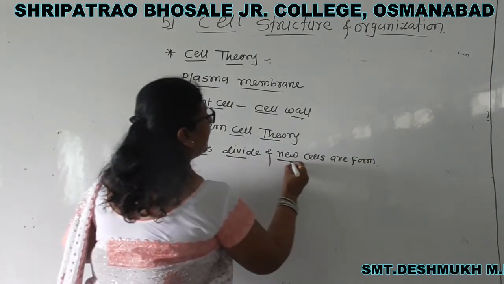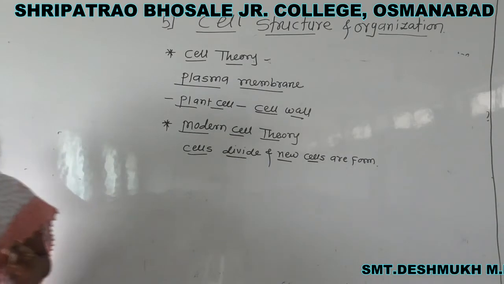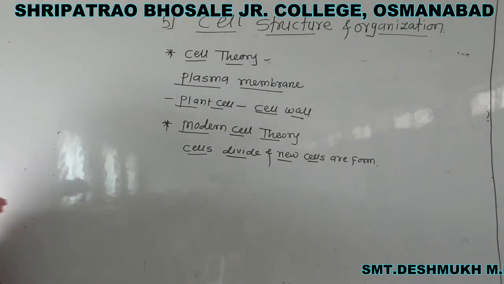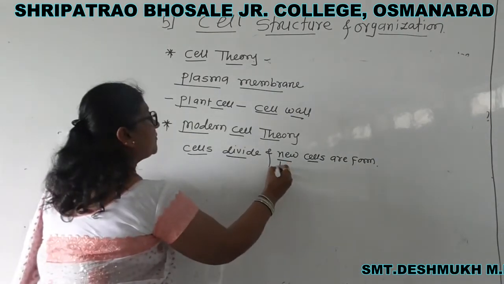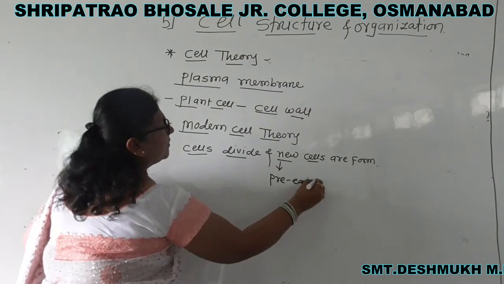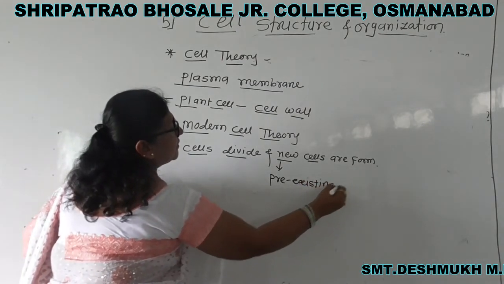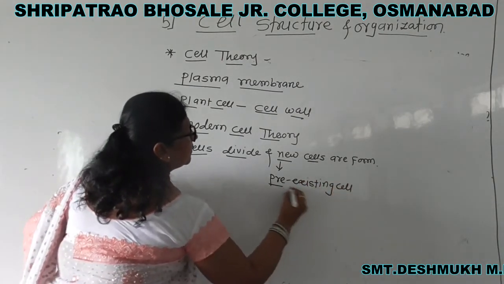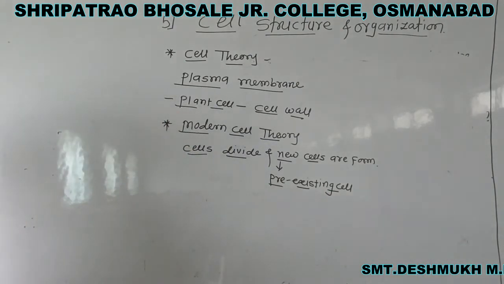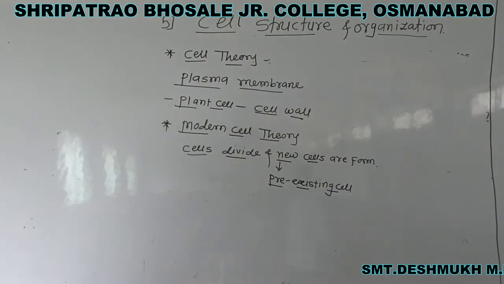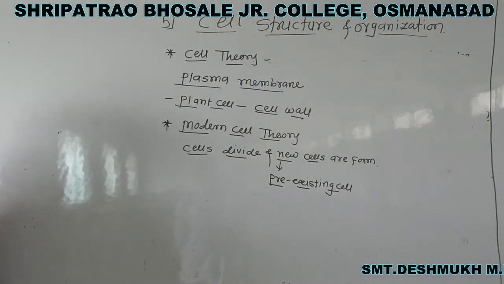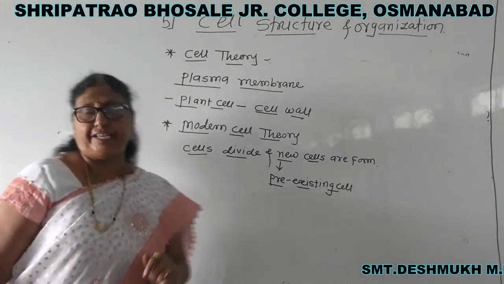Cells divide and new cells are formed from a pre-existing cell, also called the parent cell. Rudolf Virchow modified the cell theory.